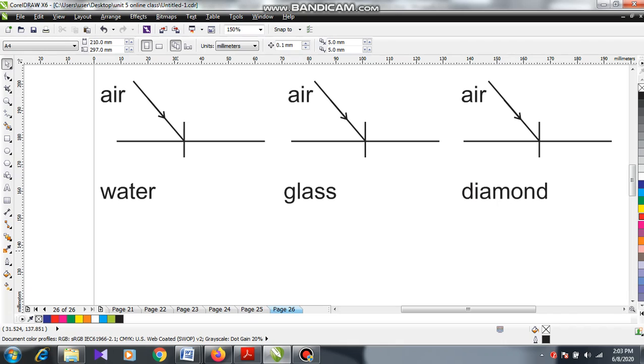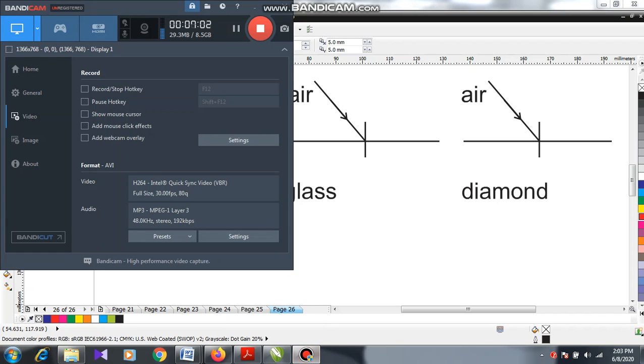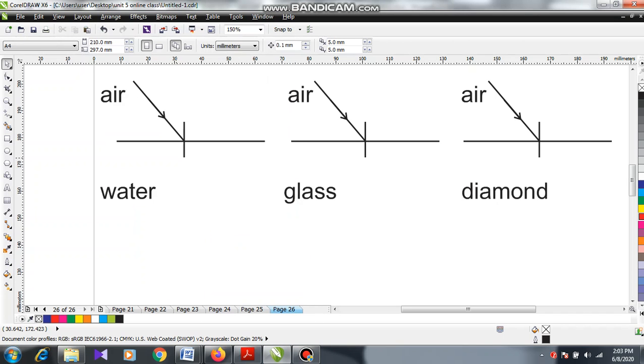Air to glass, 1.5, towards the normal. Air to diamond, 2.4, towards the normal. All of them are towards the normal.